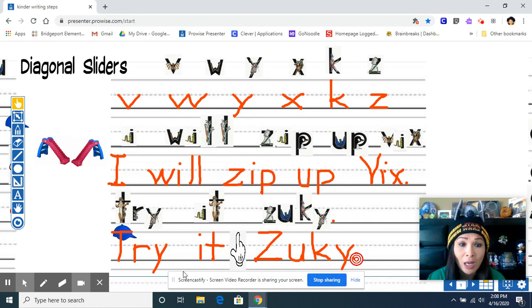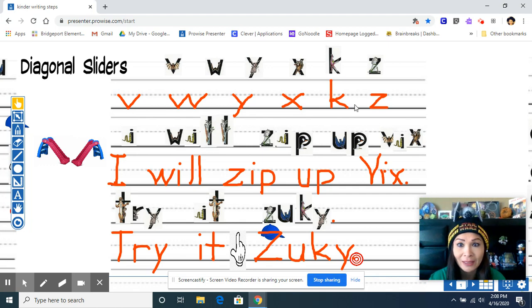Yay. Try it, Zuki, period. So you have to check, do you have one capital, space, space, period? And make sure you go back and check that you have the cap on your name as well. But everything else is lowercase. Touch, touch, touch. No floaters, no sinkers, unless it's a scuba diver.